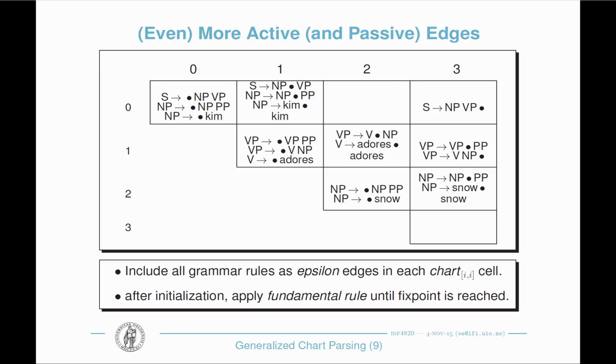And I'll never find that for this string, because what I have as the first word is Kim and not a verb. So that is not the most efficient way of introducing active edges. There will be many more active edges here than actually have the possibility to go on a date.